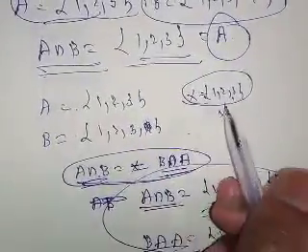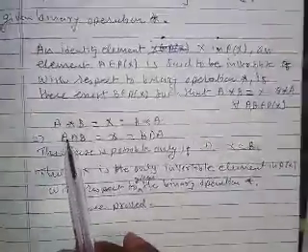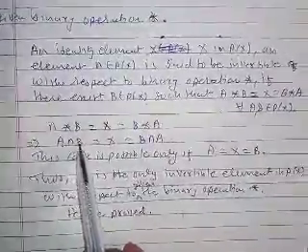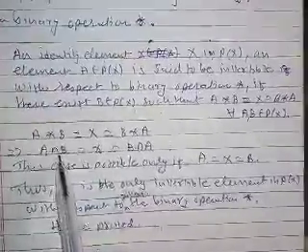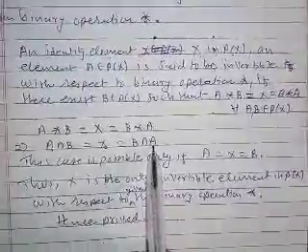So what we prove is that X is the only element. Here, A intersection B is equal to X is equal to B intersection A. This can only be possible if A and B are equal. Then only they will have a common element which is X.